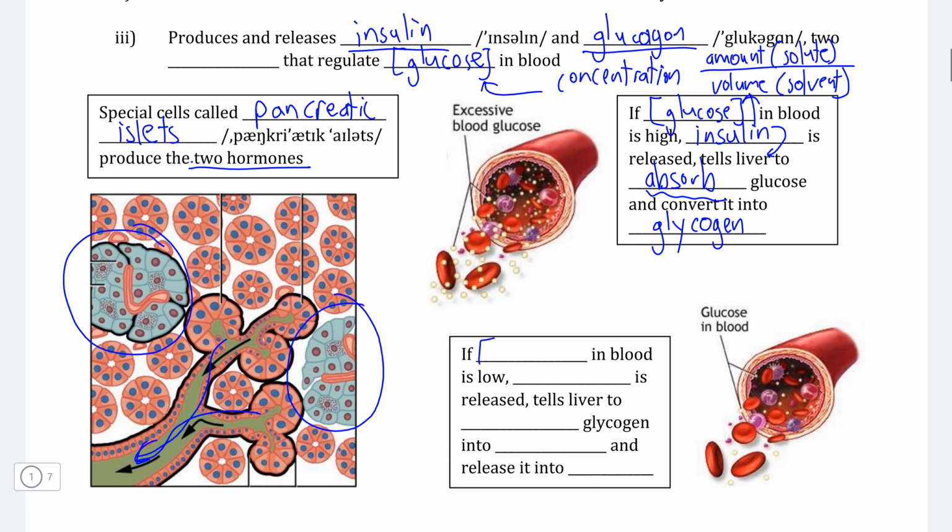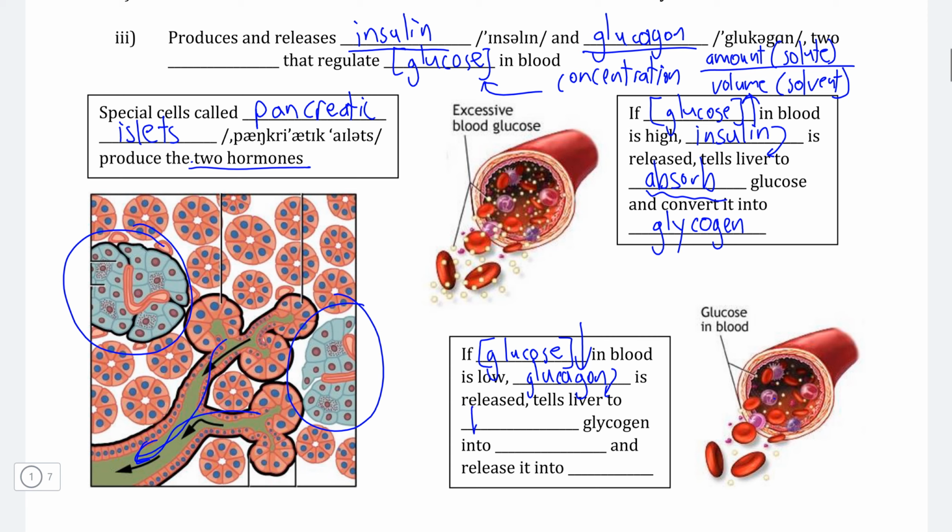Now, in the opposite situation, if your pancreas recognizes that the concentration of glucose in your blood is low, this means that your blood is not supplying enough energy to the rest of the body, and this is a signal for your pancreas to produce and release the second hormone, glucagon. Glucagon's job is to tell the liver to do exactly the opposite.